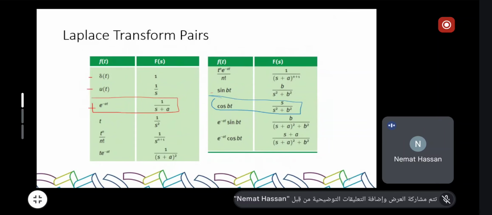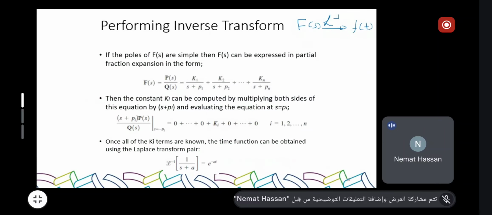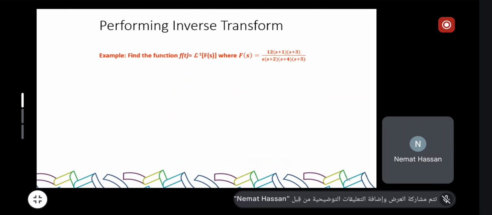Therefore, if you want to evaluate the inverse transform, the function that you need to find the inverse of must be in a form that is pre-existing in the common functions table. For example, let's say that I want to find the inverse transform of this function, F of s. So let's write it first.